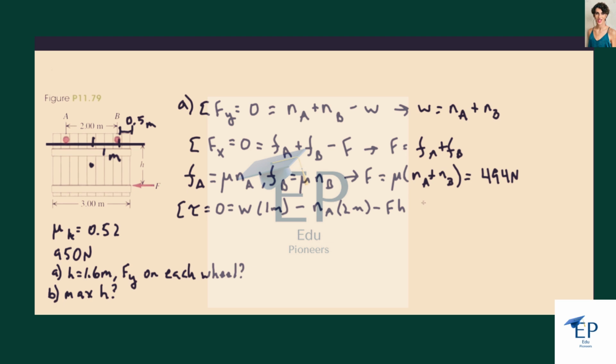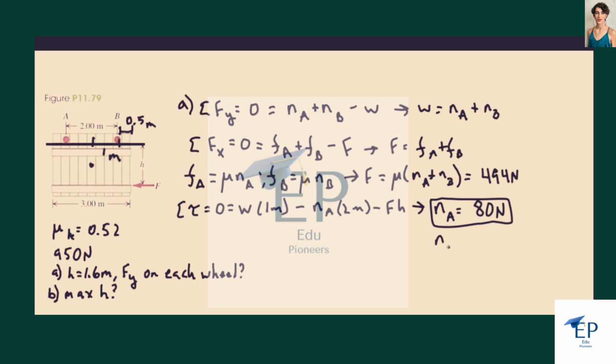So, solving this for NA, we get 80 newtons. And now we know that NA plus NB equals W, so NB is going to be the weight minus this 80 newtons.